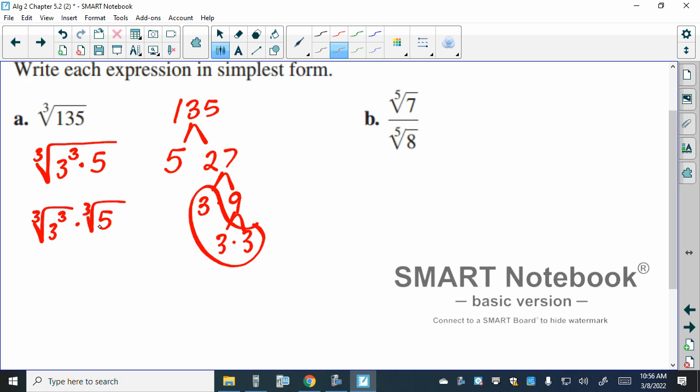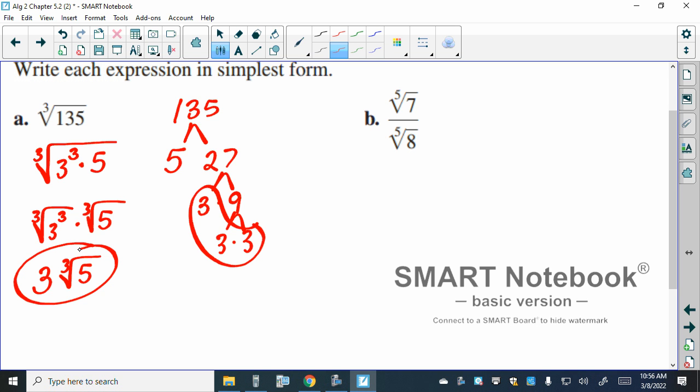And we know that the cubed root of 3 cubed is 3, but that will simplify. Will the cubed root of 5 simplify? Well, no. So we're left with 3 times the cubed root of 5. And that there is our final answer. Okay.